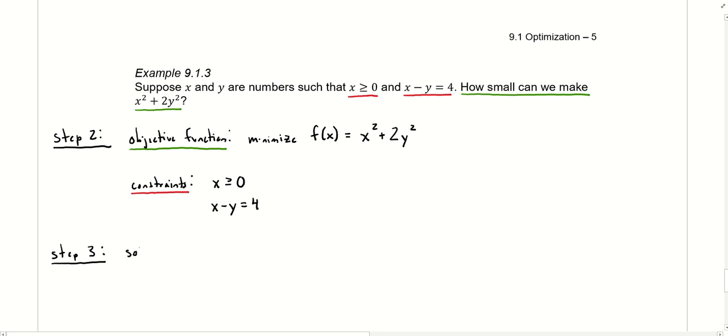So in step 3, I'm going to solve this constraint, x minus y equals 4, for y. This was one of my constraints. And if I solve this for y, I'm going to end up getting y equals x minus 4.